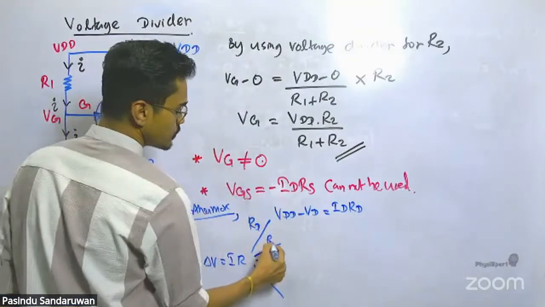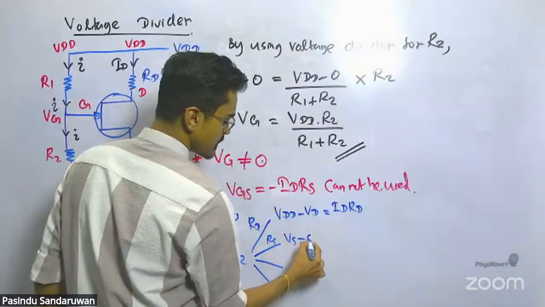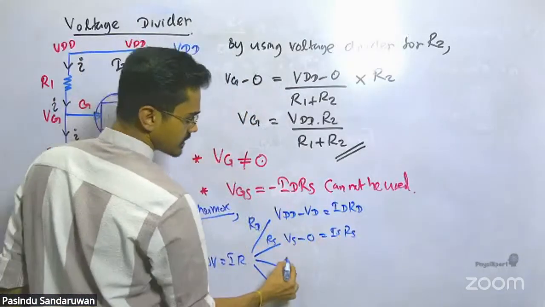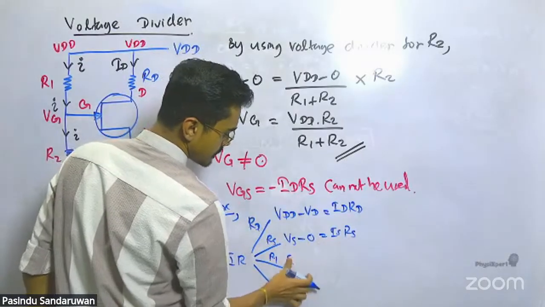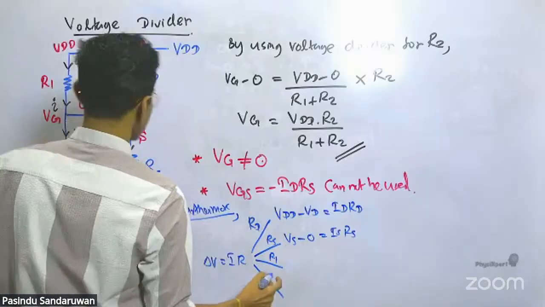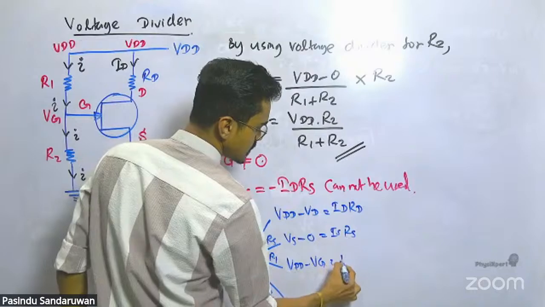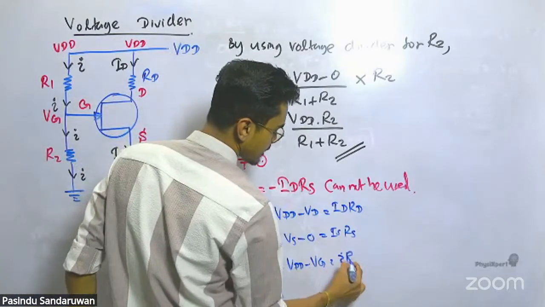For RS, VS minus 0 equals ISRS. For R1, if needed, the potential difference VDD minus VG equals I R1.